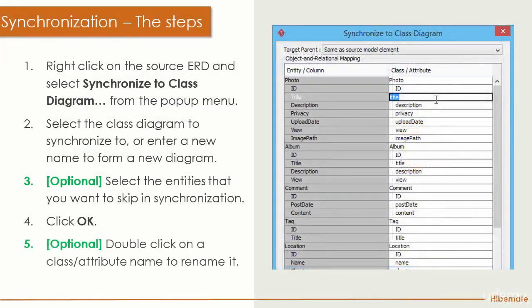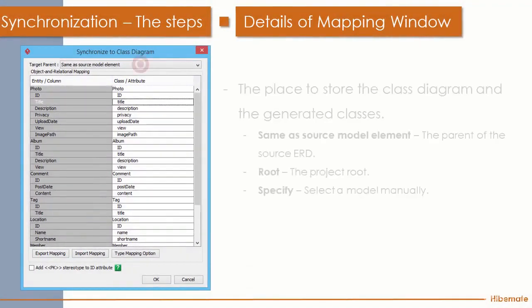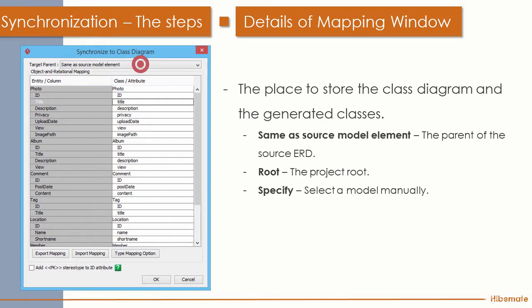Let's talk about the options you can configure while generating the mapping. First, you can select where to place the class diagram. You have three options. One is the same as the source model element. It depends on where the ERD is placed, and then we place the class diagram next to it in the same parent.